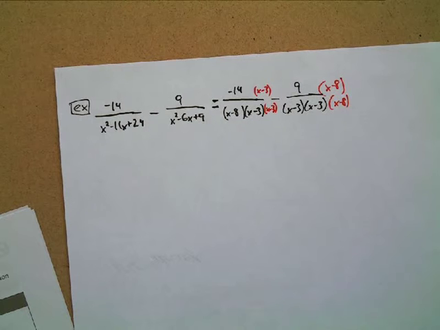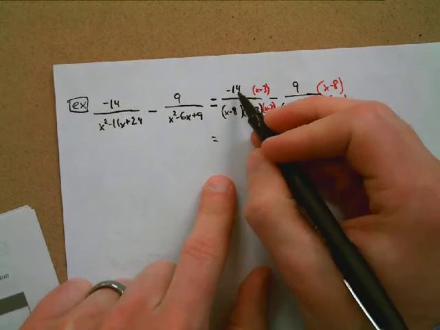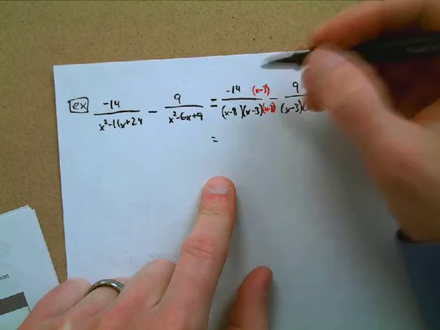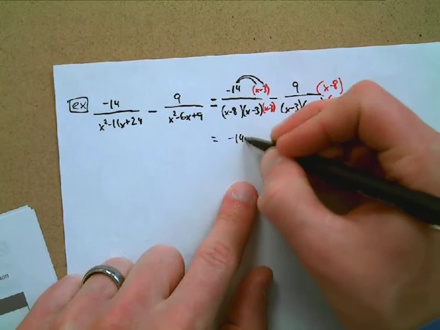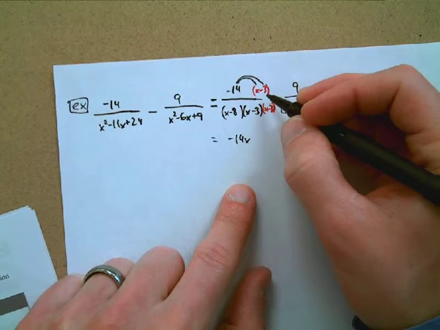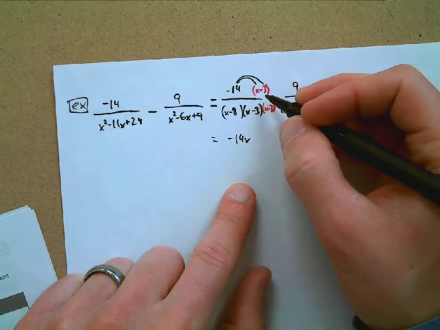Factoring is super helpful here because it makes the common denominator a little bit easier to find. So when I have negative 14 times x minus 3, it's going to distribute to the x and to the minus 3. So we'll have negative 14x, and then negative 14 times negative 3 is 42.